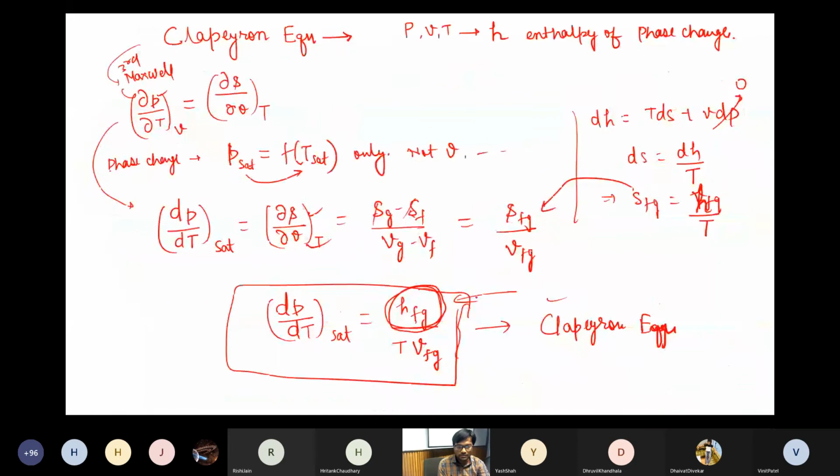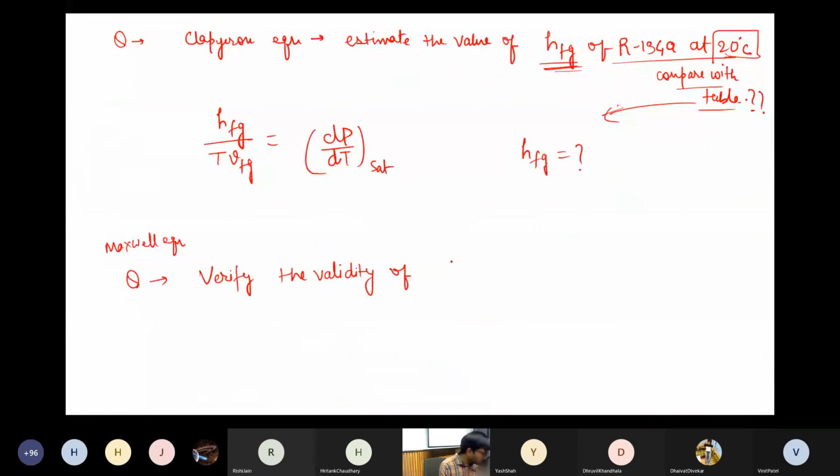How to do that? So the last Maxwell equation is this one: dou S by dou P at constant temperature is equal to minus dou V by dou T at constant pressure.